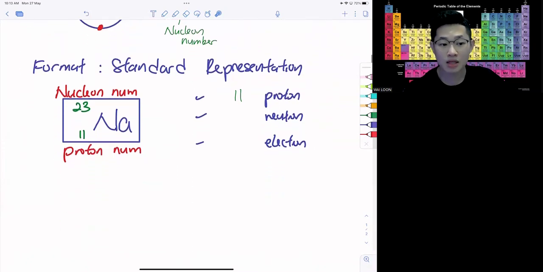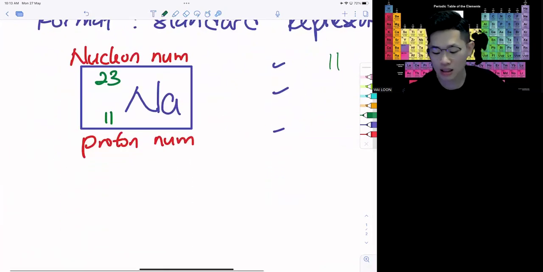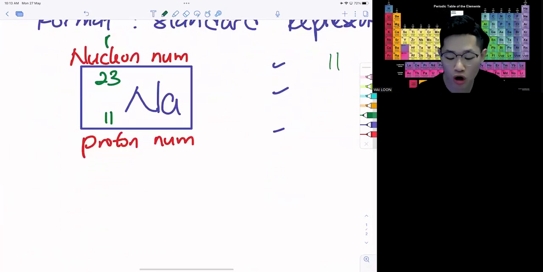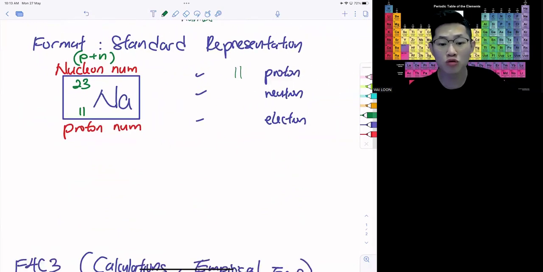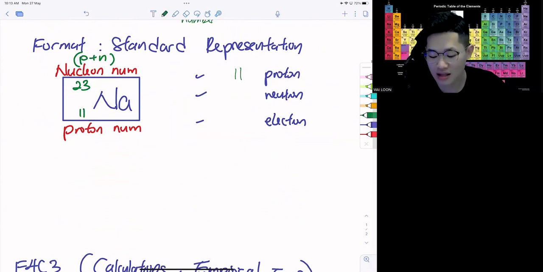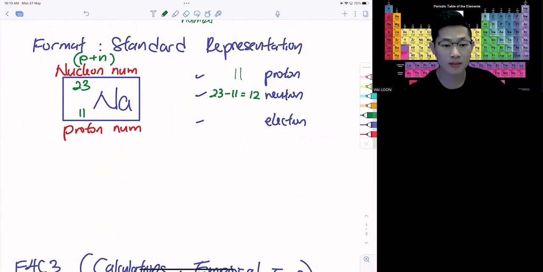So here, the 23 is actually proton plus neutron. If I only want the neutron, I should minus the proton off. So I will be using 23 minus 11 to get 12. That's how you get neutron.